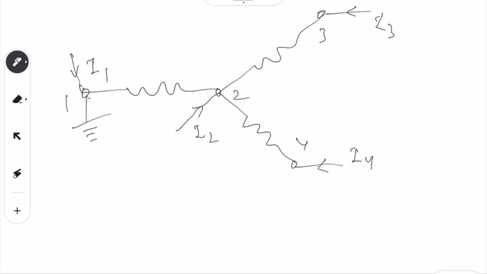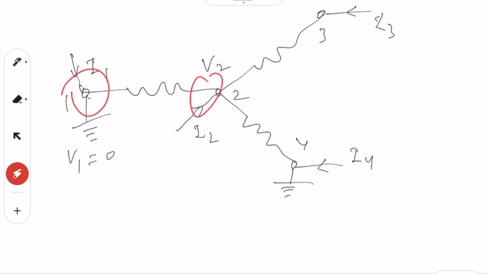So we have V1 equal to 0, we do not know what V2 is, and let us make one more, this 4 also we are going to earth it, just to make it simple, that way it is easy to solve, because otherwise it is going to be a 4 by 4 matrix, because you have 1, 2, 3, 4. So we have to invert it.